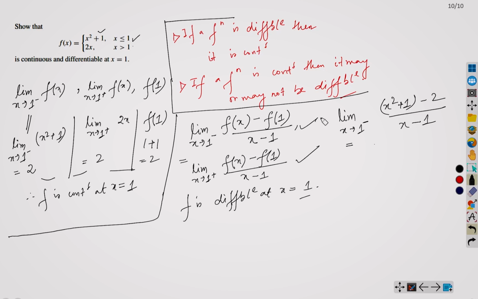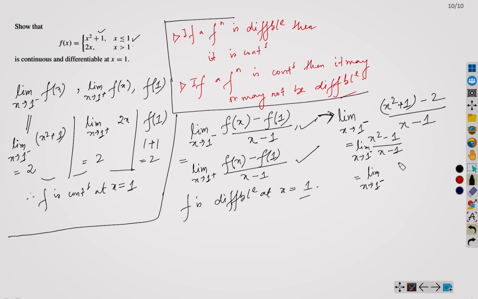This equals x square plus 1 minus 2 upon x minus 1, with the limit x tends to 1 minus.